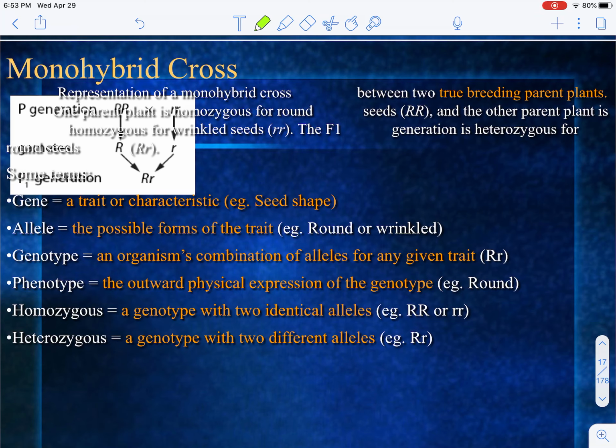The monohybrid crosses that we'll work on first are just looking at one trait at a time, as I showed you earlier. So looking at one gene, for example, the shape of that seed, whether it's round or wrinkled, you're looking at one gene that would be found in one spot on a chromosome.